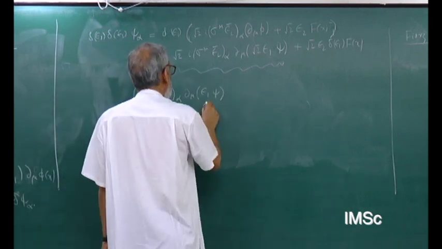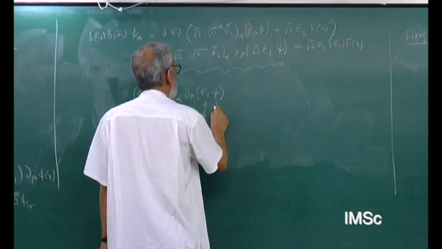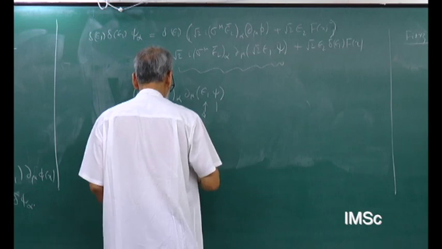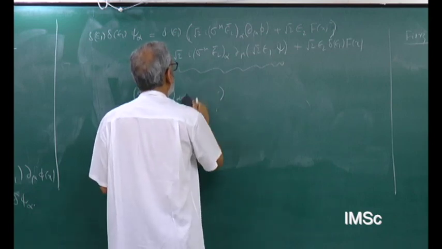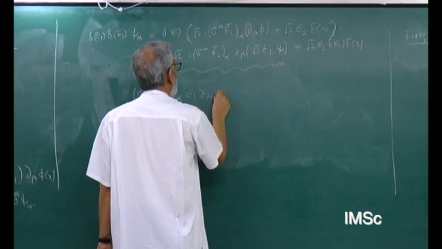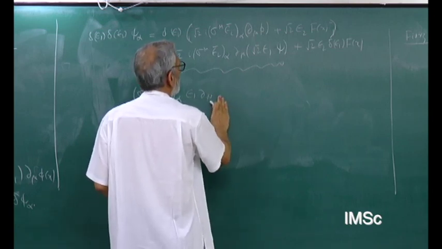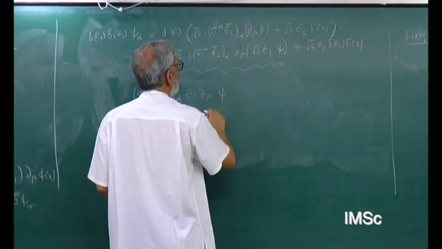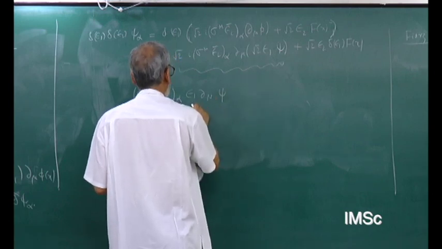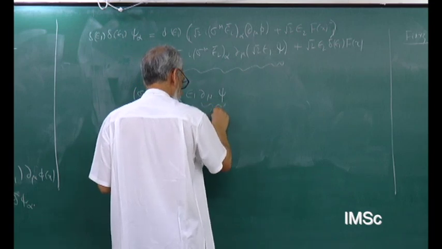Call this object phi and call d mu psi. So let me put this epsilon 1 d mu phi, d mu psi. Call this phi and this together call it psi.